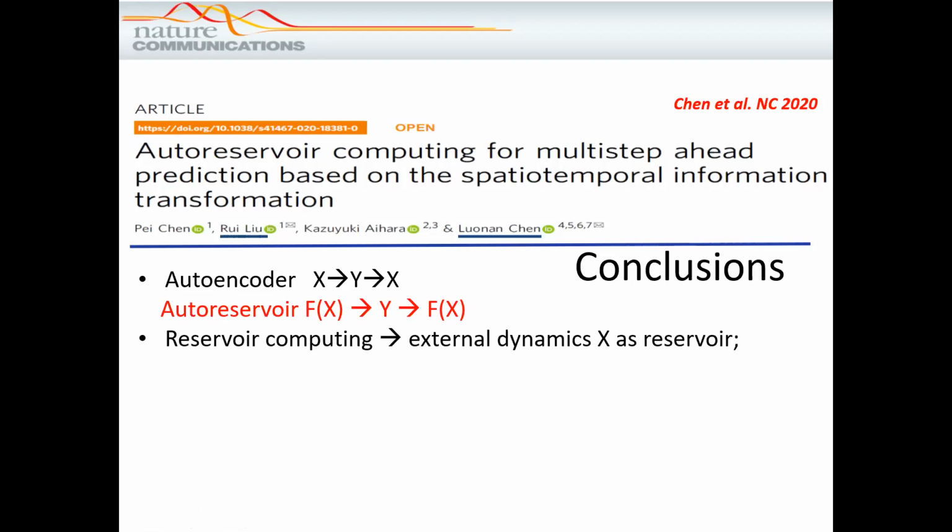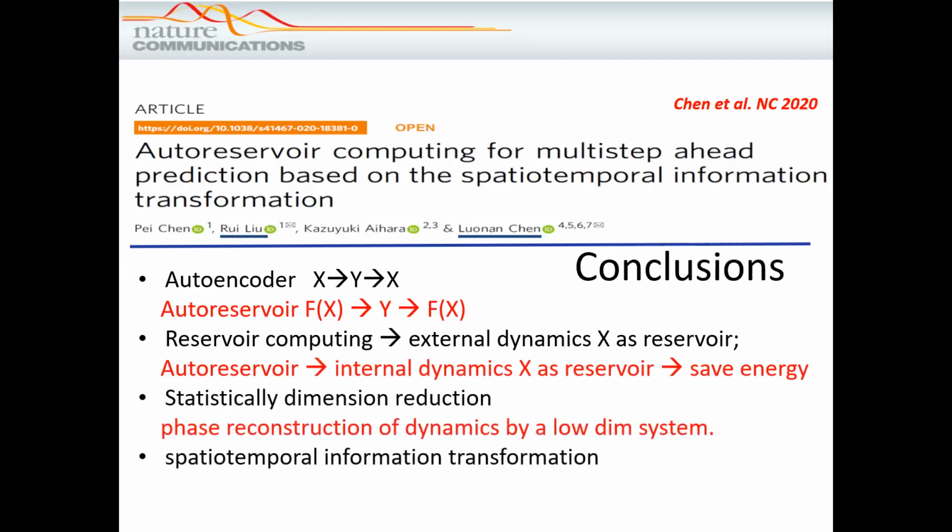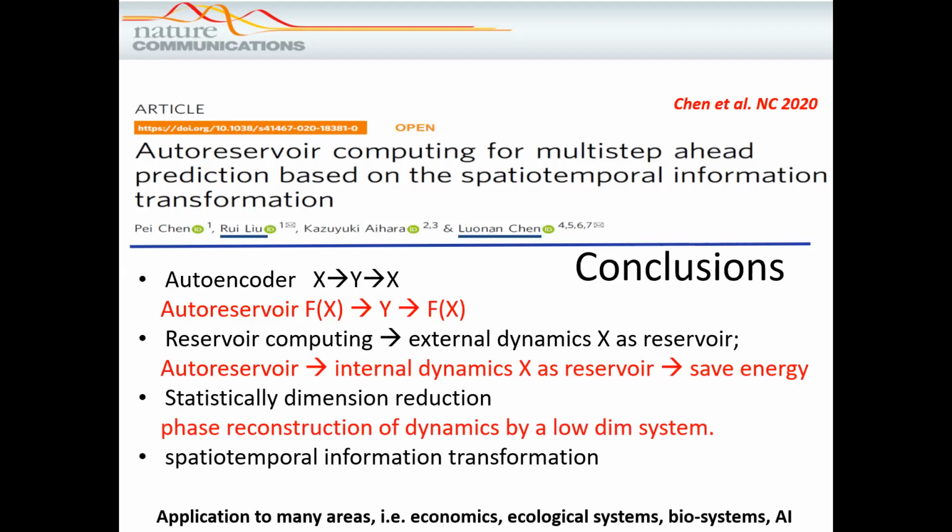In an auto encoder there is no dynamics. Here Y is the dynamics, the temporal information, and X is the spatial information. There are certainly many ways to solve the STI equation. We just show one way to solve it, and then we can predict.